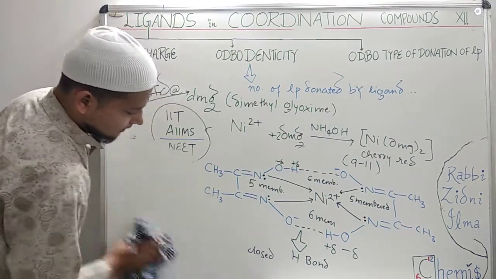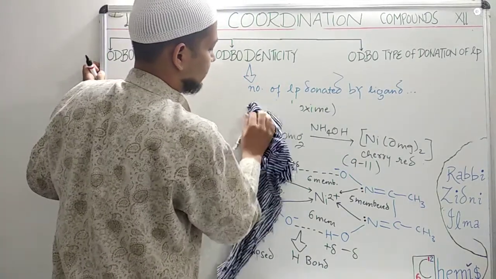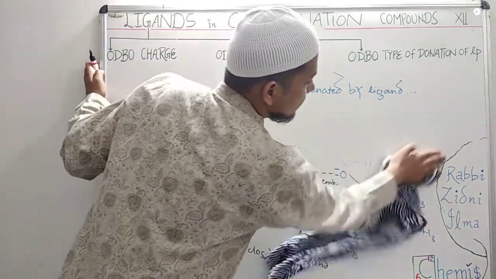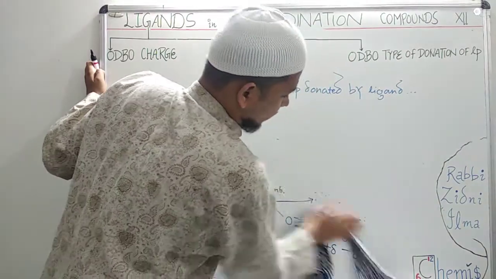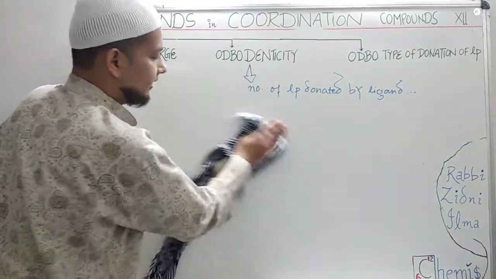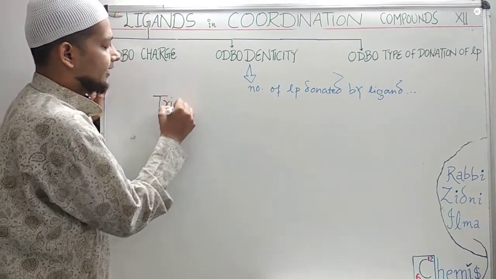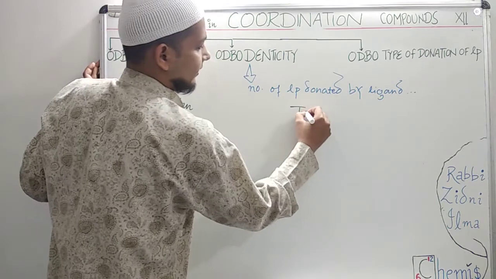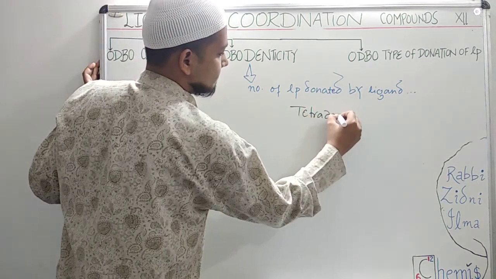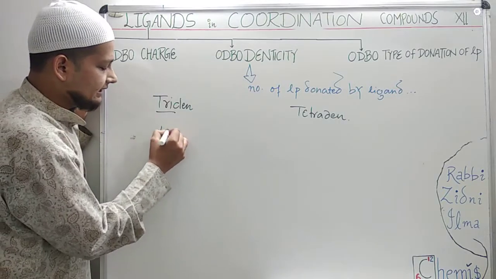Next up we have the tridentate ligand. Tri and tetra are not so important because they are not being asked frequently in our exams, but still you need to know. Let's talk about a tridentate and a tetradentate ligand. Tri means 3 lone pairs. The example is dien.